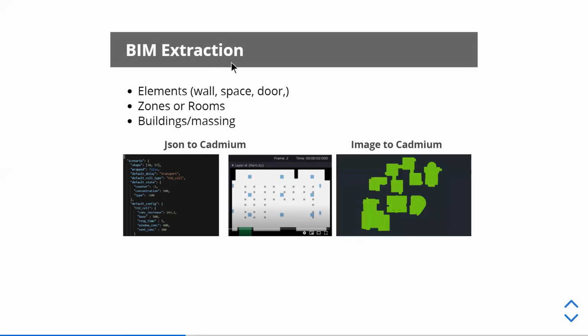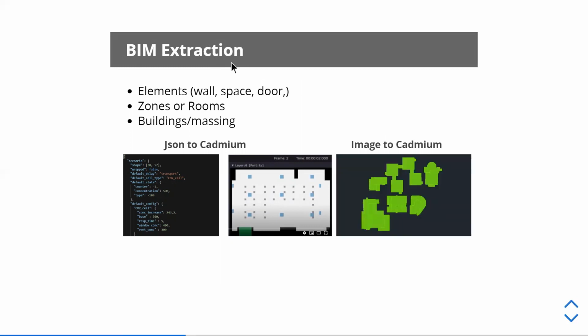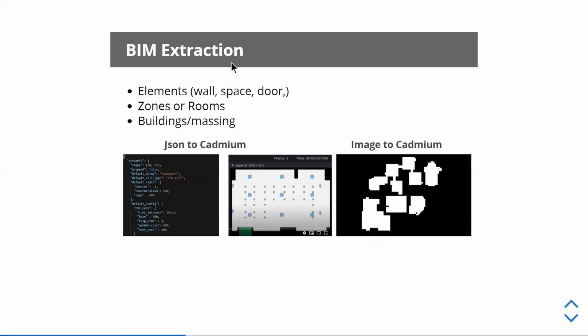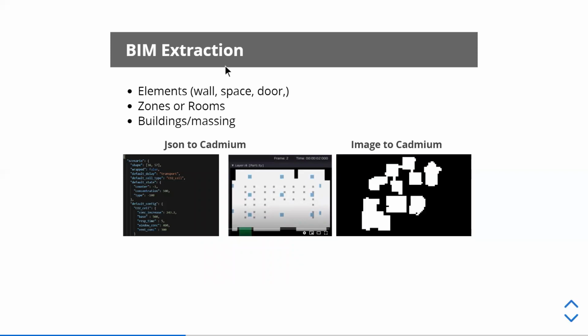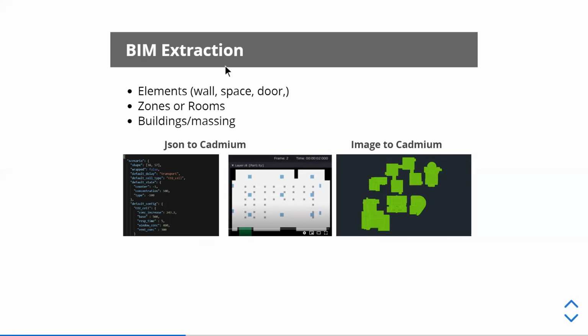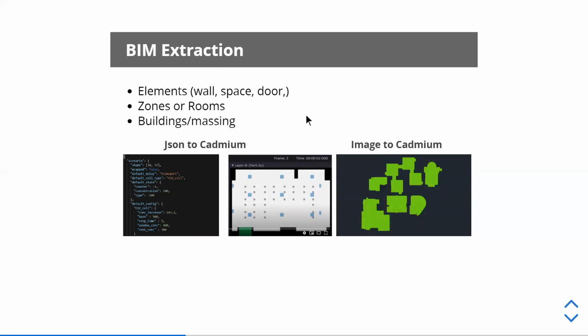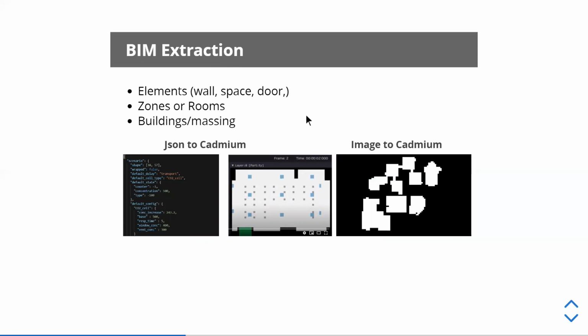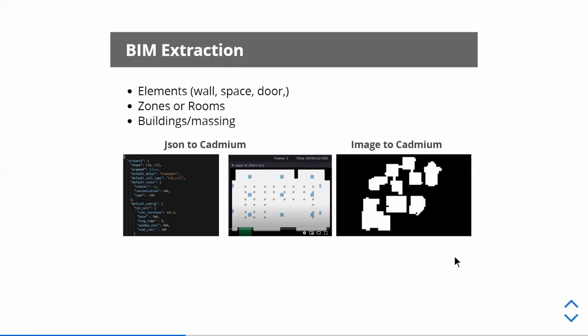For example, at a campus level, we may need only the buildings or massing, but for CO2 levels, we need more detailed data like vents, windows, doors, etc. Currently, the format that we use to define the building space in Cadmium Simulator is text to image and image to a JSON file. But we do not have any models or data directly extracted from the BIM model.